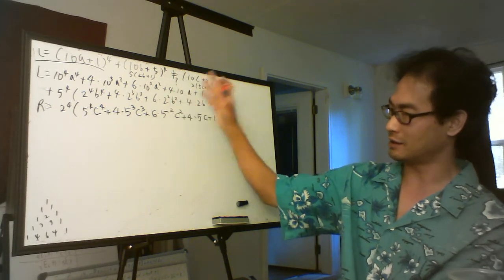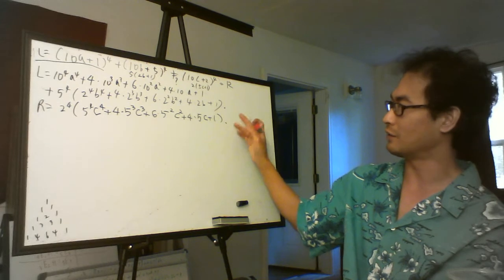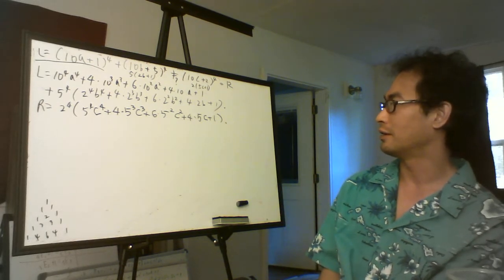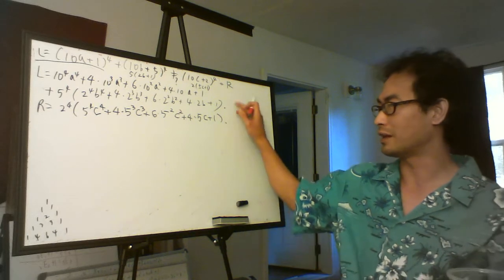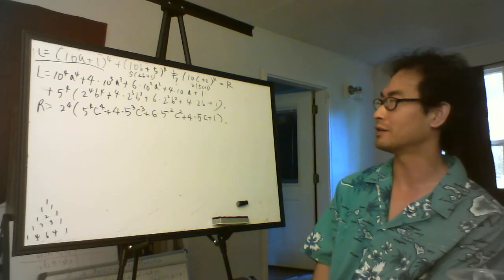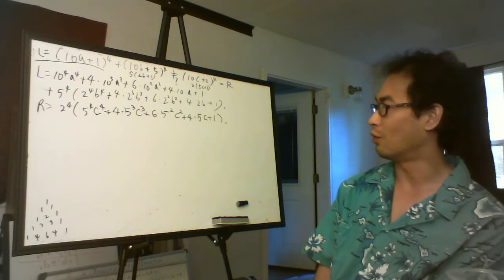Left hand side is an even number. Right hand side is an even number too. Oh well. We have to somehow prove that they are not equal. They cannot be equal. So that's our goal.